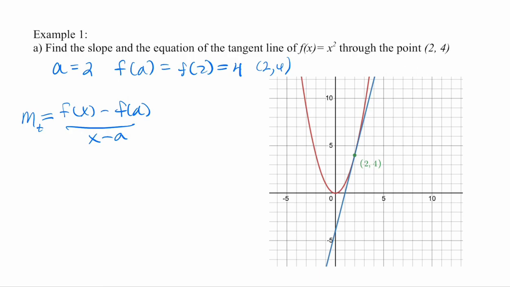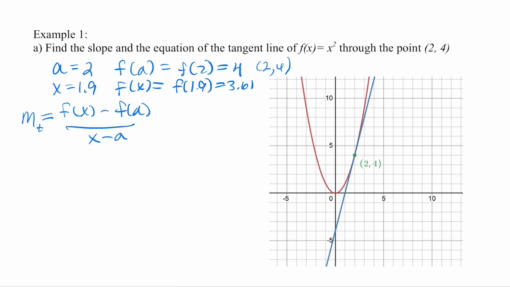Now, we already know our a is 2. Our x needs to be something. Remember, if you looked back at the definition on the page before, the definition says that as x gets close to 2. So let's make our x 1.9. Again, you could go a little bit over, a little bit under, pick one. F of x is just f of 1.9, and 1.9 squared is 3.61.